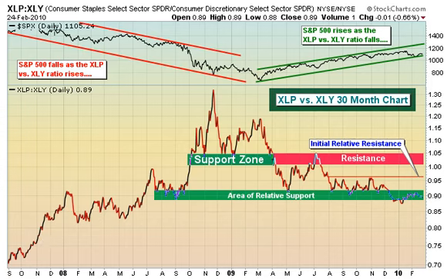So the whole time prices were falling, you can see that the ratio of consumer staples versus consumer discretionary was actually on the move to the upside.